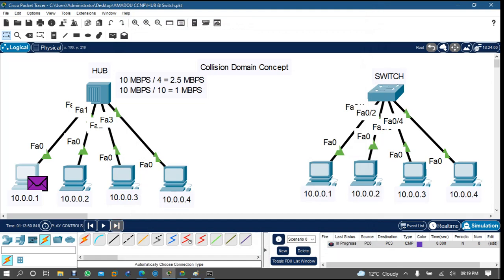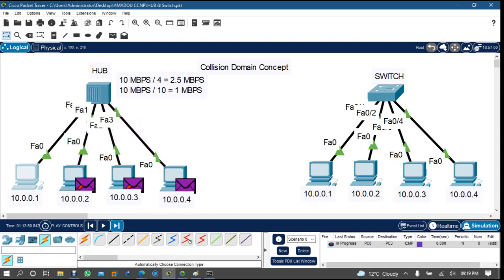But when the data comes to the hub, the hub does not know about layer 3 packets, and does not know about layer 2 packets. That's why the hub says, my friend, I don't know anyone, let me broadcast it. Again it is broadcasting.